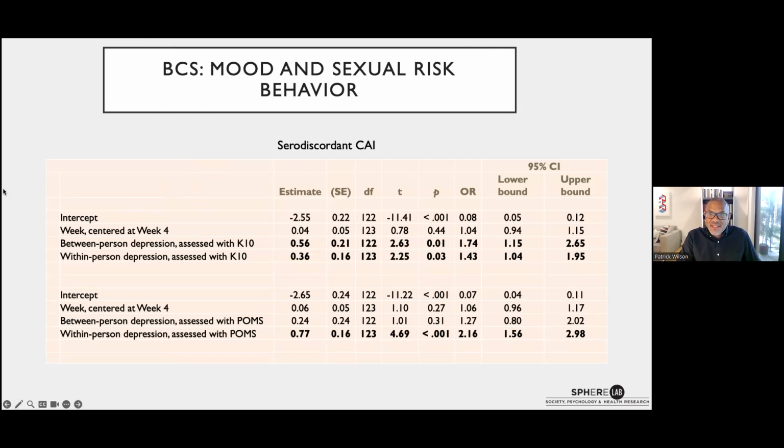And you can see, while we do have a between person effect for depression when we use the K10 measure, we have within person effects for both the K10 and the POMS, the profile of mood states, when we look at how, again, changes in depression. So if I'm more depressed than I usually am, I'm more likely to report serodiscordant condomless anal intercourse.